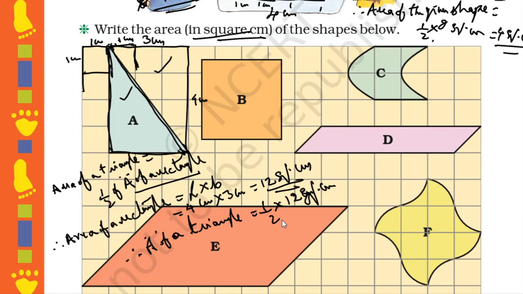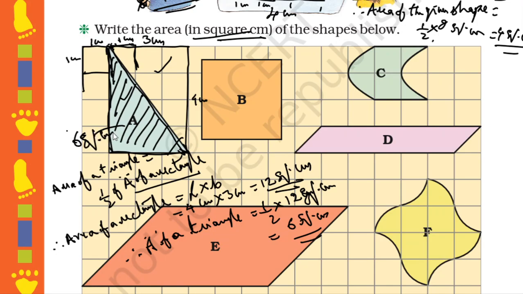So what is half of 12? If you divide 12 by 2, we get 2 sixes are 12, so 6. So the area of the triangle is 6 square centimeters. Like that we can find the area of this shape.